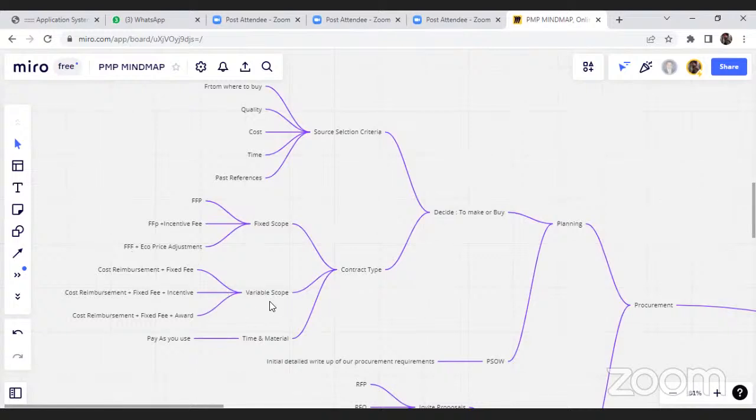In cost reimbursable, we have 3 types: cost plus fixed fee, cost plus incentive fee, and cost plus award fee. The third is a hybrid type of contract, time and material, where we pay as we use it.